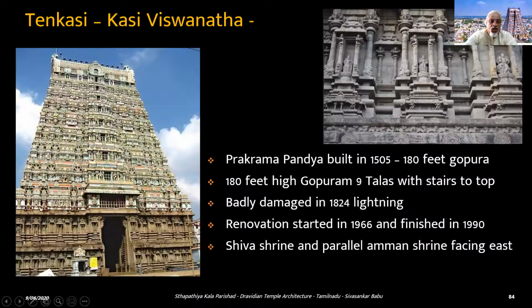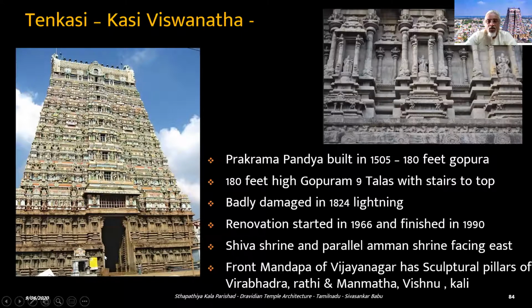This has a Shiva shrine and Amman shrine facing east together, and the front mandapa built by the later Vijayanagara period has excellent sculptural pillars of Veerabhadra, Rati, Manmatha. This is the hallmark of later Pandyas and the Vijayanagara period.